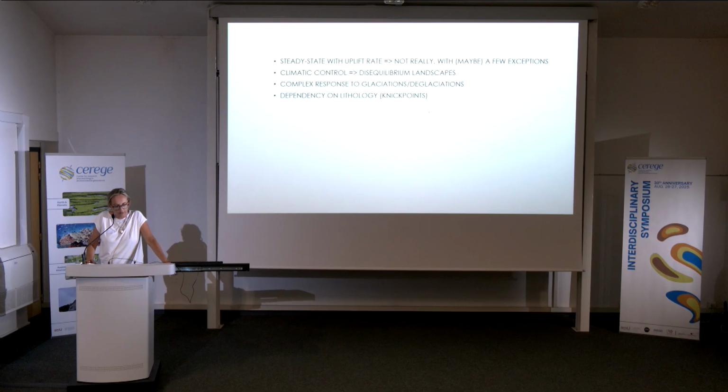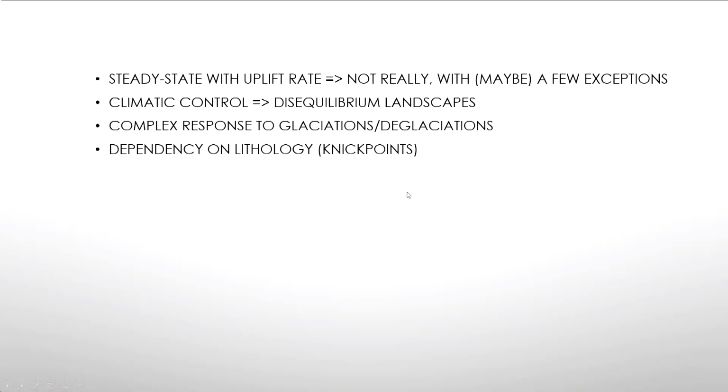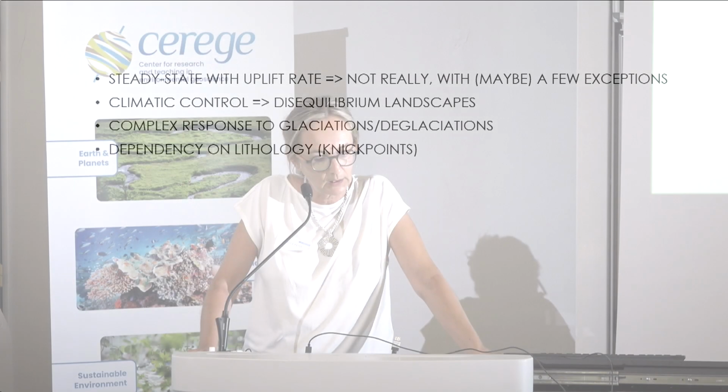So, a first step of conclusions: are the rivers incising at pace with tectonic uplift? The answer is no, except maybe two of them. They incise much faster than what we can measure as tectonic uplift.